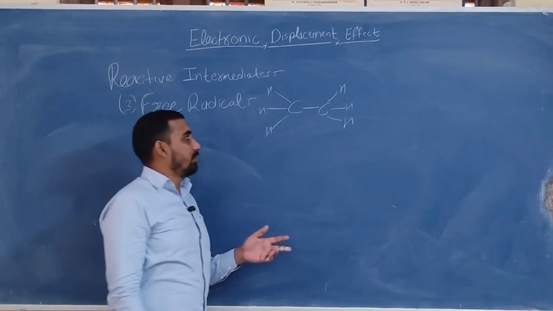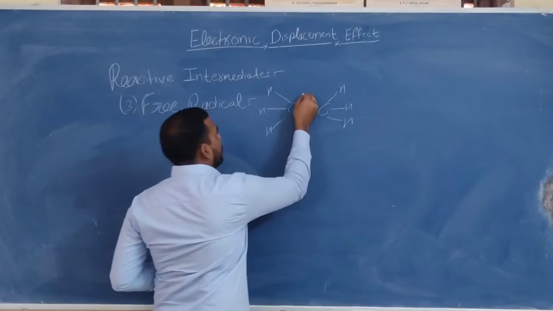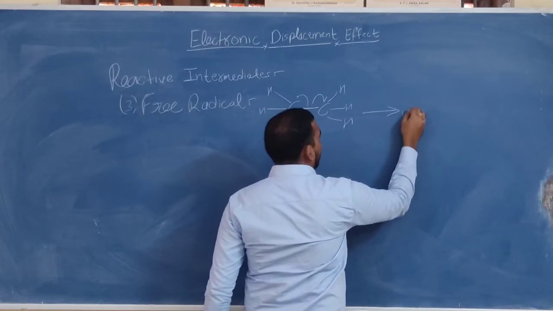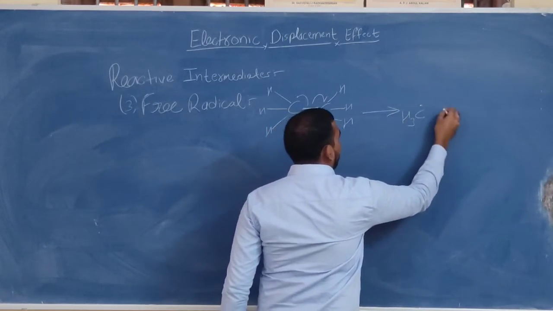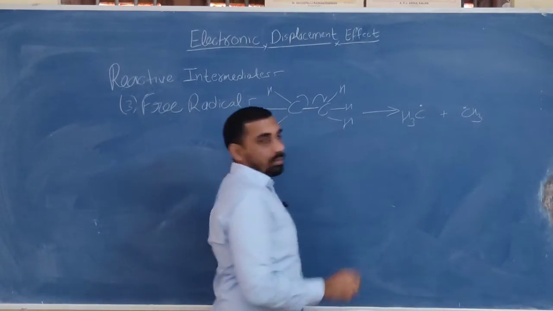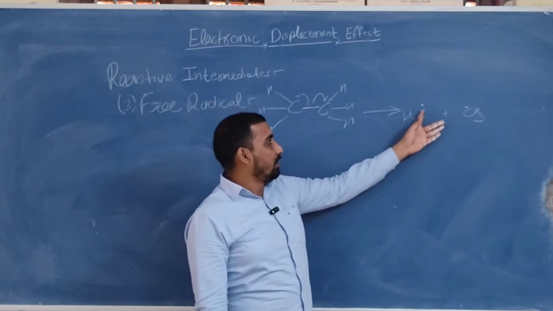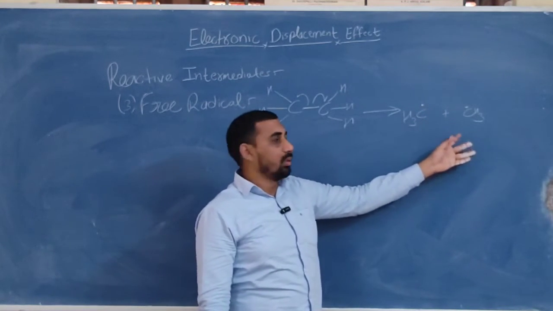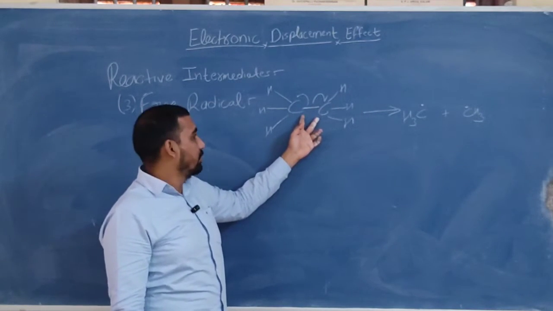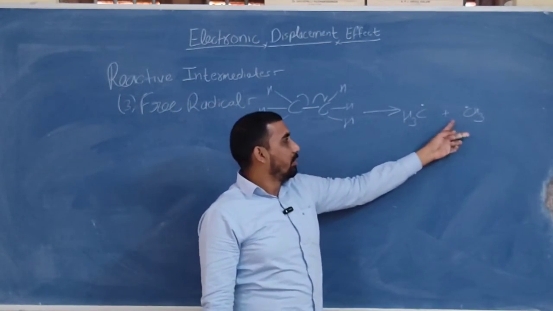In the presence of photons, this bond breaks, and the electrons go to these carbon atoms to form species like this. These are not charged species, because they retain their own electron. One electron was shared in this bond, but now these two carbon atoms have their electron separately again.